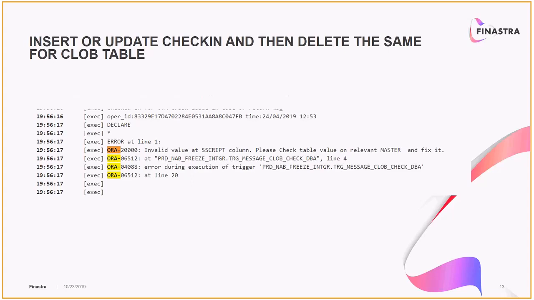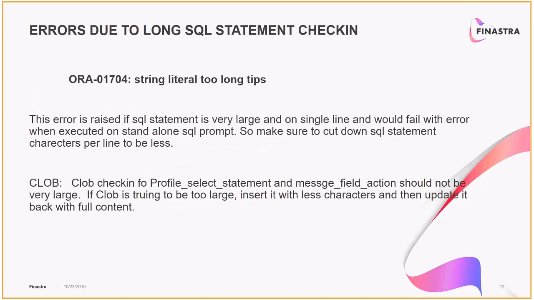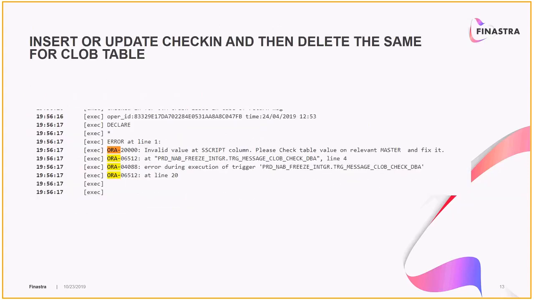Okay, so we already discussed this for two tables, message field action and profile select statement. If we insert and then do the delete, then this error is raised. There are other reasons for this also.